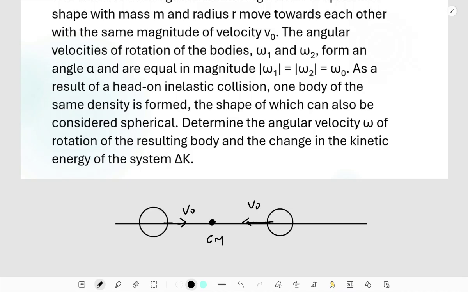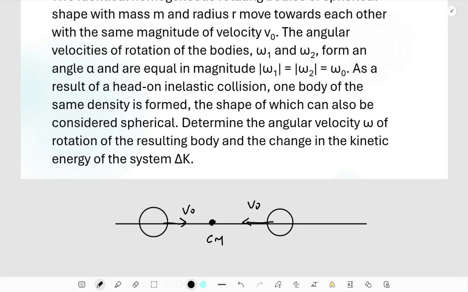So let's plan the solution. The first part of the solution, in strict mathematical terms, is that the system of two bodies in this problem is an isolated system.